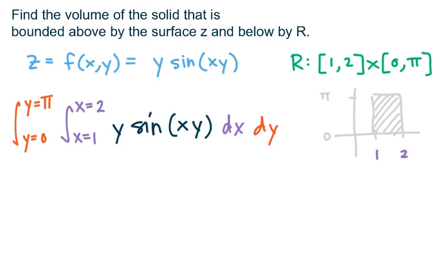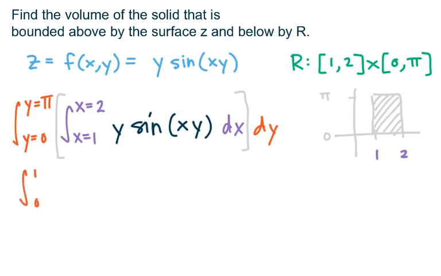All right, so let's jump into this, focusing on just the inside here. Integrating with respect to x, y is a constant. So if this was like a 3x in here, we would end up dividing by that 3 when we turned it into negative cosine. So here we're going to divide by y.